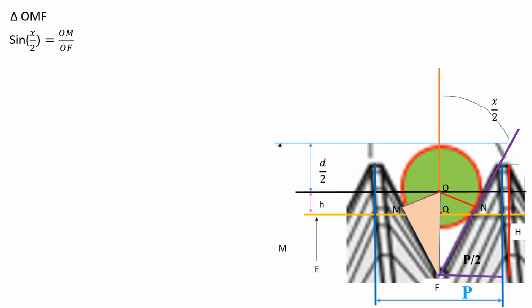So from triangle OMF, sin x by 2 equals OM divided by OF. Then OF becomes OM into cosecant of x by 2. We observe from the diagram that OM is nothing but the radius of the wire, so OF equals d by 2 into cosecant of x by 2.